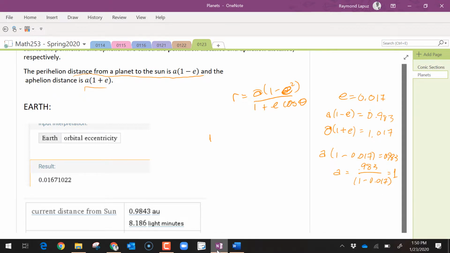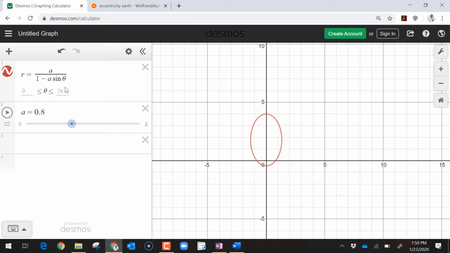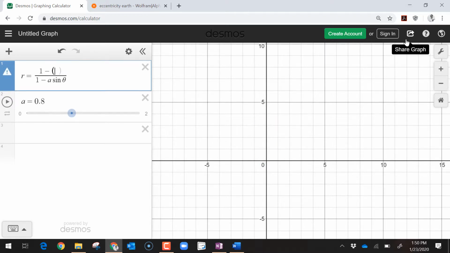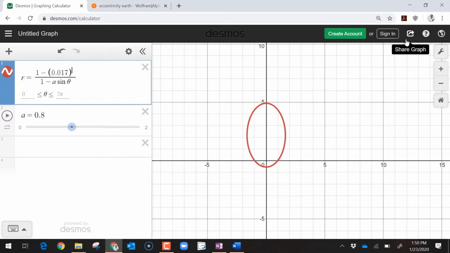Let's graph the Earth's orbit. So what was it on top? 1 minus E squared, divided by, and this is a plus, and we use cosine.